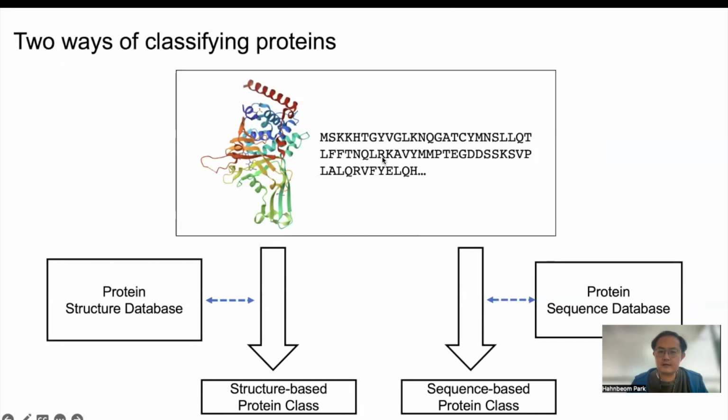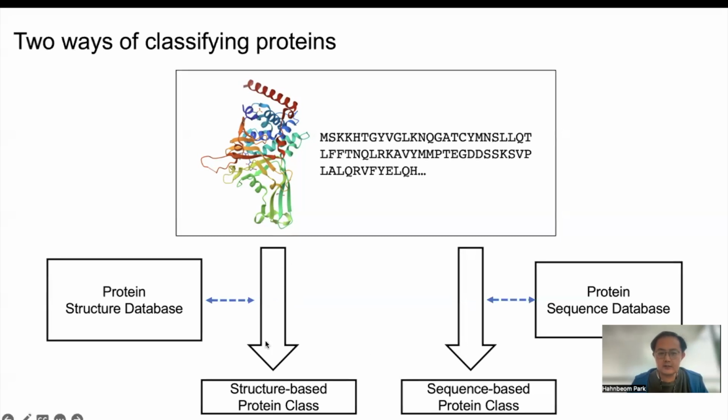There are 2 ways of classifying proteins. As you learned before, you can represent proteins either in structure or in sequence, and they have a one-to-one correspondence to each other. If you classify protein based on structure, you follow this arrow here, and you search and compare against the structural database and get what class your protein structure belongs to.